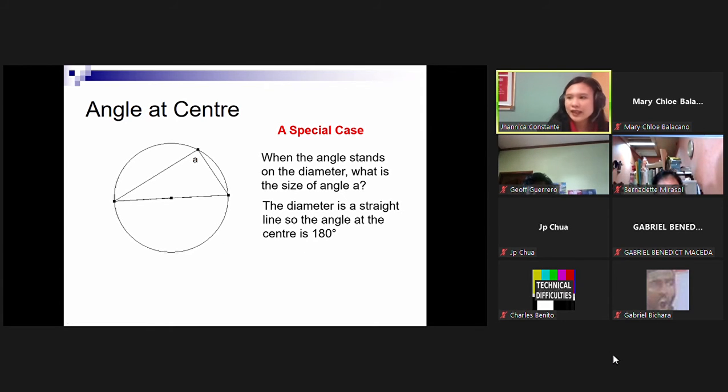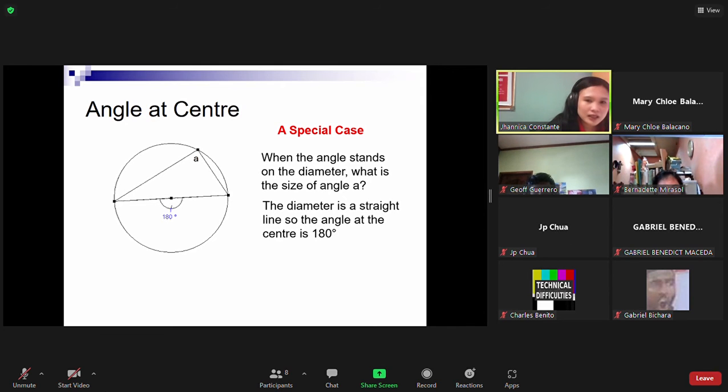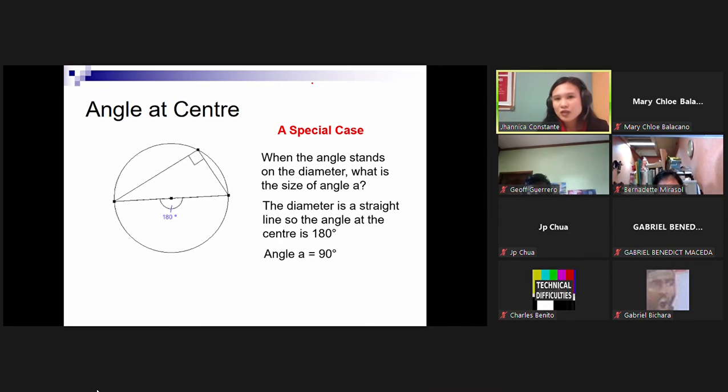And the angle at the circumference of that triangle has a 90 degrees measurement. So that's the special case for the angle at the center property. If one of the line segments of the triangle is the diameter itself, it means that the angle opposite to the diameter is equal to 90 degrees, or it will form a right angle, a right triangle.